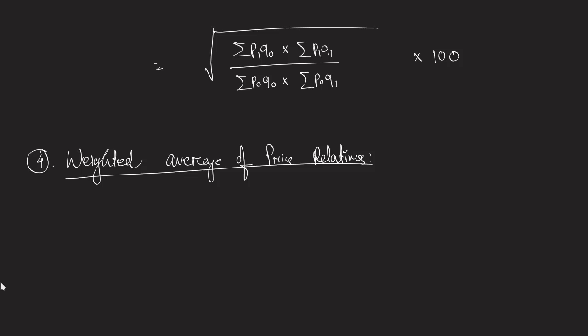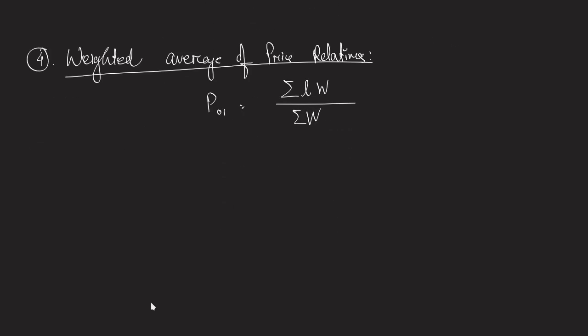The formula is P01 is equal to summation W I by summation W. And this symbol is normally capital I, not small i.